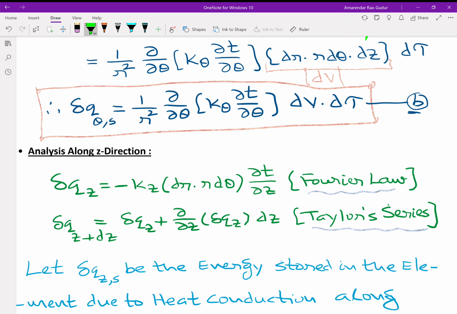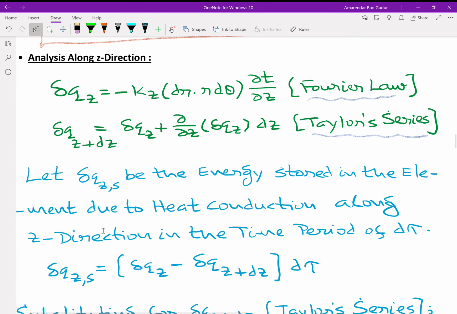And finally we carry out similar analysis along the axial direction, z direction, and del qz will be minus kz dr r d theta, that is the area available along z direction, kz is thermal conductivity of the element along the axial direction, into del T by del z. Now if you expand del qz plus dz into Taylor series, we get del qz plus del by del z del qz dz.